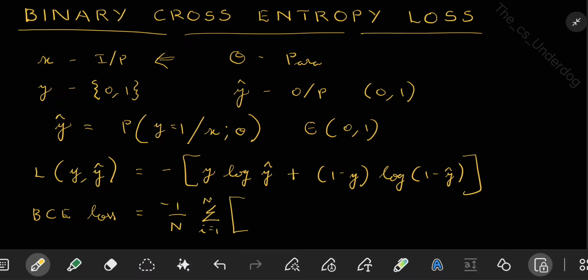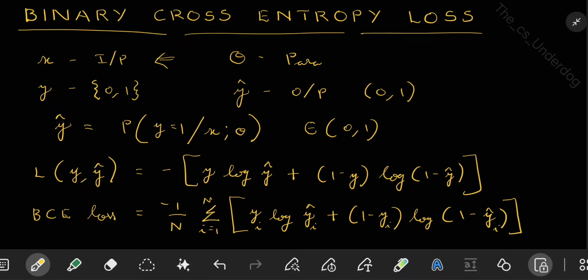Then for each of the ith example, I am taking yi. What does yi mean? Yi means the true label for the ith example. Yi log yi cap plus 1 minus yi log 1 minus yi cap.